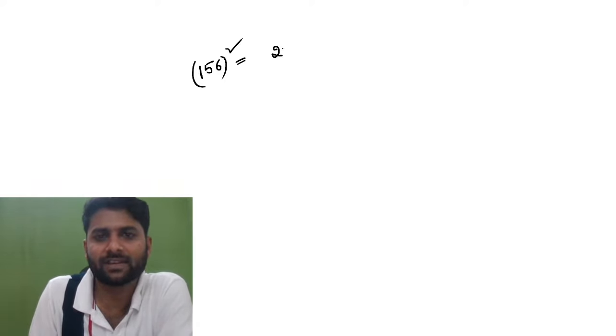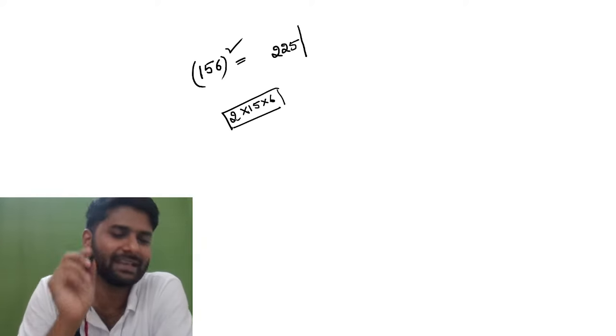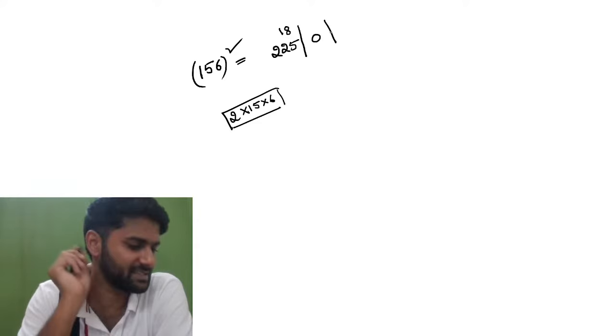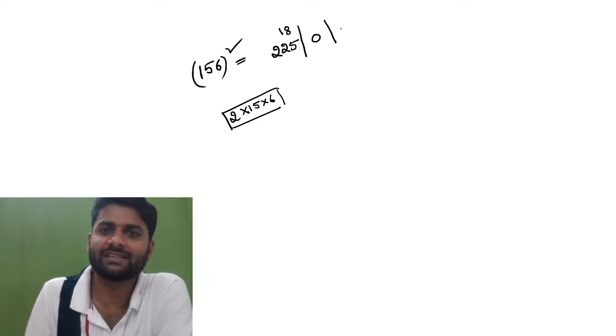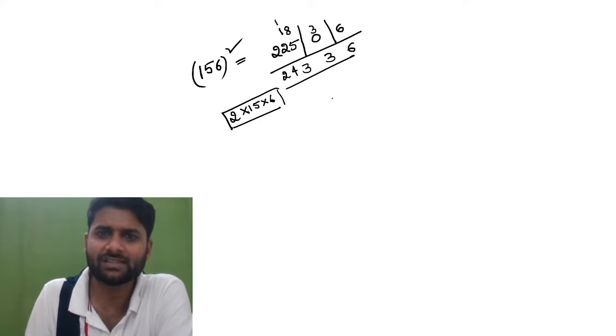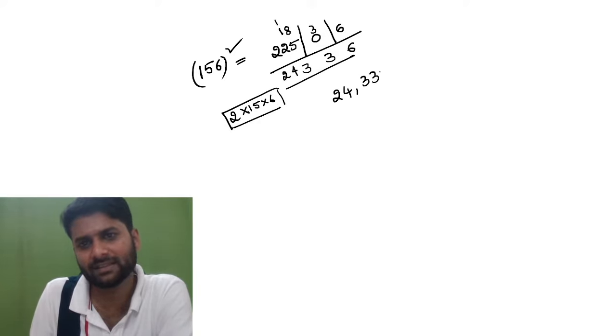Again see, 15 square is 225. 2 is multiplied with 15 and with 6. You know that 15 into 6 is 90. 90 into 2 is 180. Write down 0 and 18 must be carried over. Remember that always write a single digit. Finally 6 square is 36. Write down 6 and 3 is carryover. 8 plus 5 is 13, again 1 carryover, and 25 plus 18 is 43. So finally the resultant is 24,336.